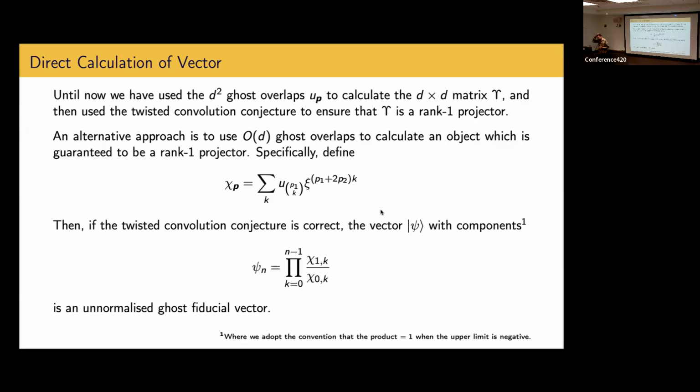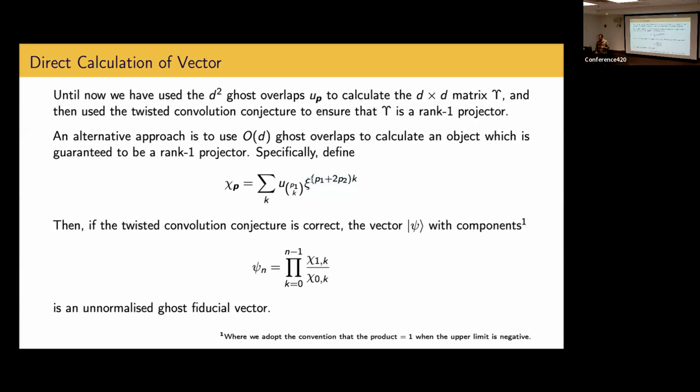But there's an alternative way for us to formulate this. I say on this slide that we can assume the twisted convolution conjecture, but there's another way to do it where we can use a formula with, remember this C is a square root of a dth root of unity. So with this 2 here, this is like an aliased discrete Fourier transform, right?